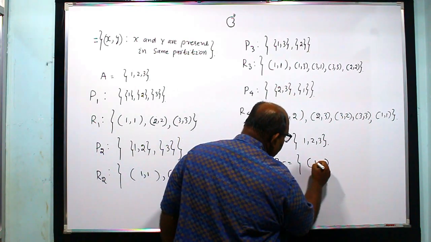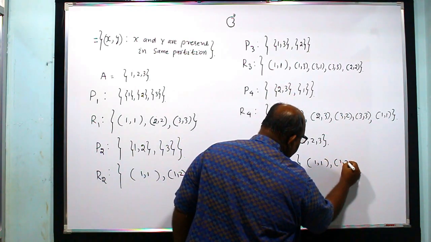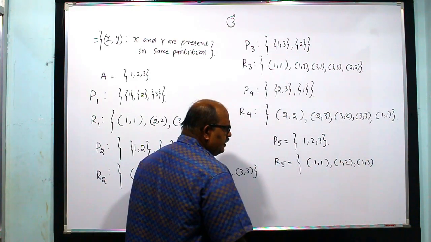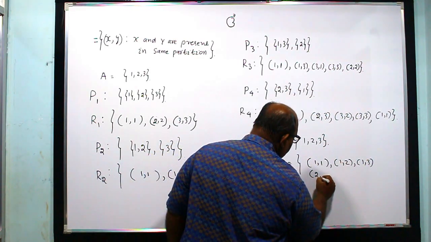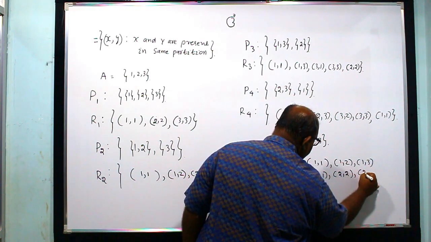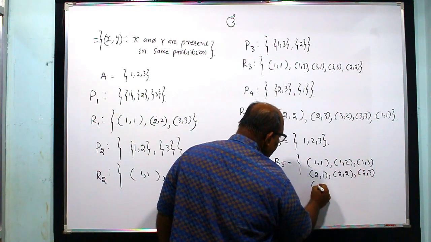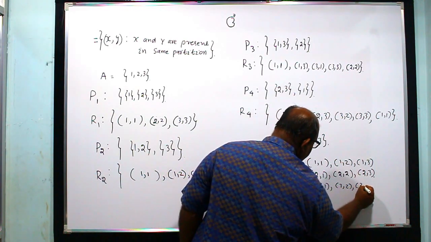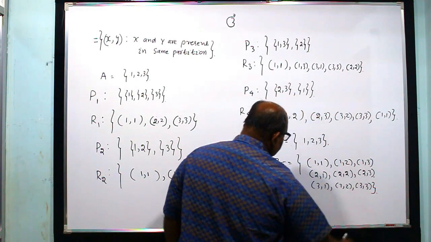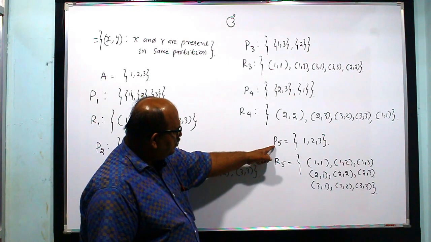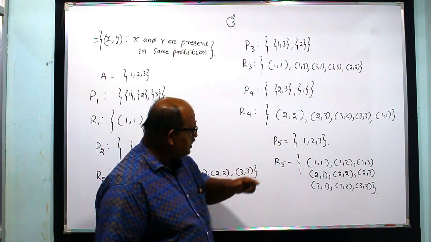I can write (1,1), (1,2), (1,3). Similarly, I can write (2,1), (2,2), (2,3). Similarly, I can write (3,1), (3,2), (3,3). So this is the binary relation induced for the fifth partition.